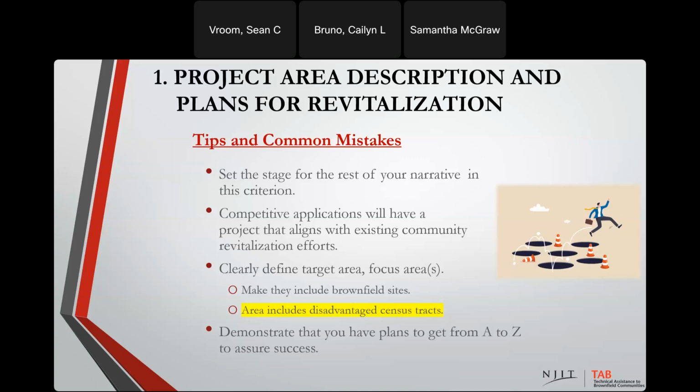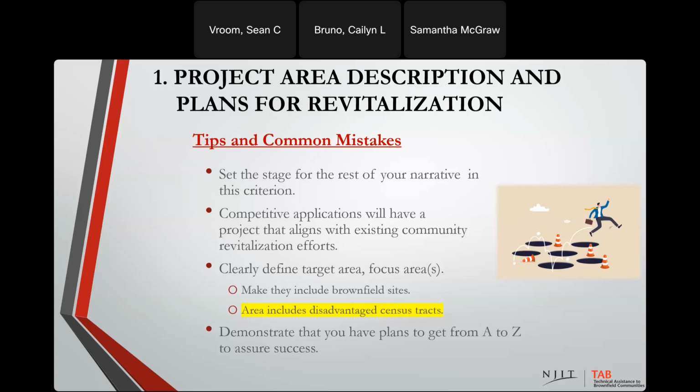A lot of people want to focus on the successes that you've had, and that's great, but for the benefit of the reviewer, you want to show them the worst case scenario for your community. And that helps them understand the need for this grant. Secondly, you want to have a project that aligns with existing community revitalization efforts.